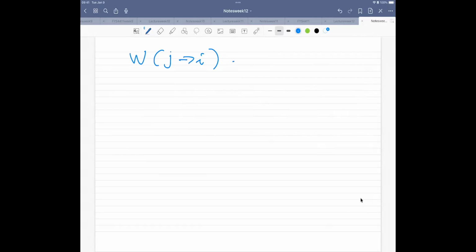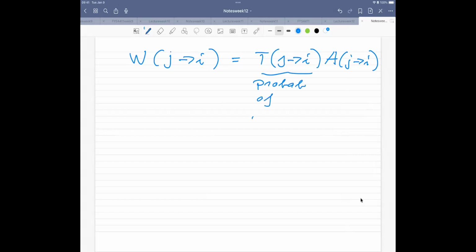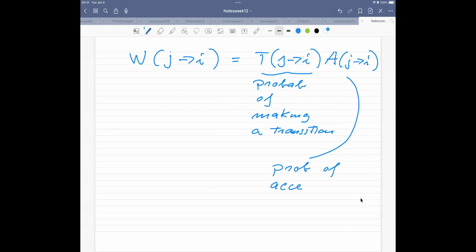So what you would commonly do is to replace this with a model. And what you will often see in the literature is that this is replaced typically with the probability of making the transition, and this is the probability of accepting that move.